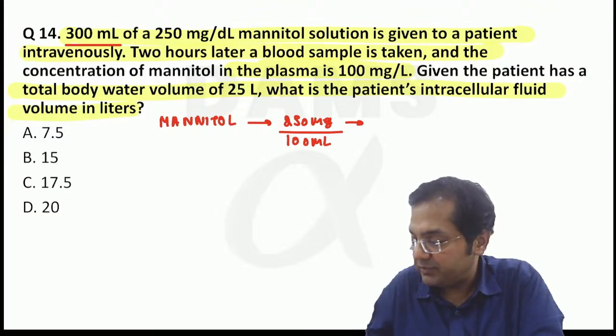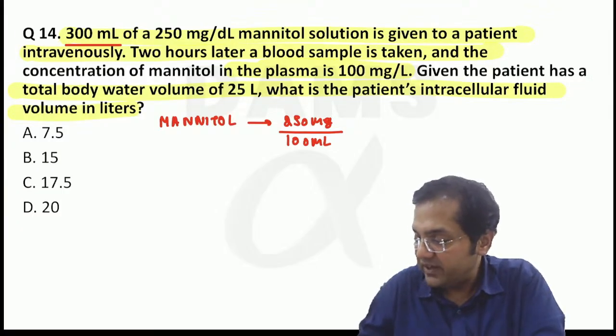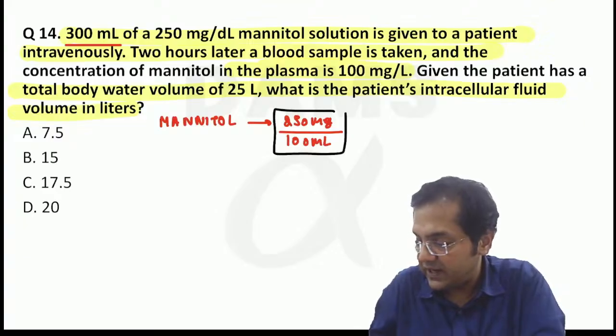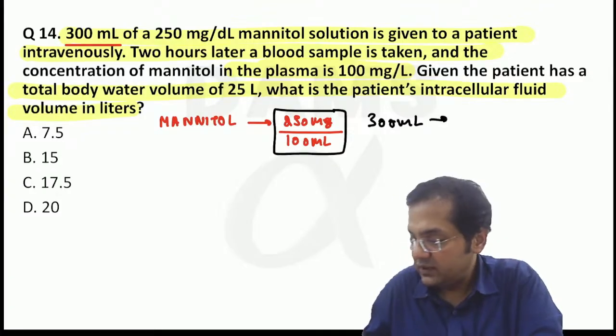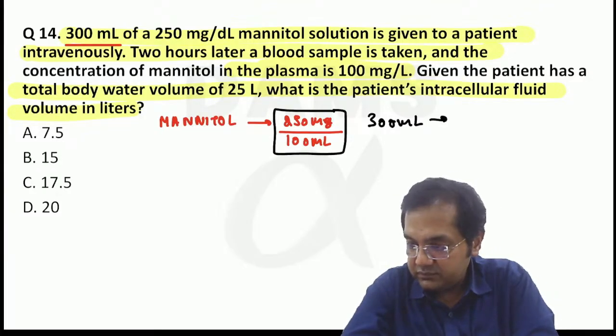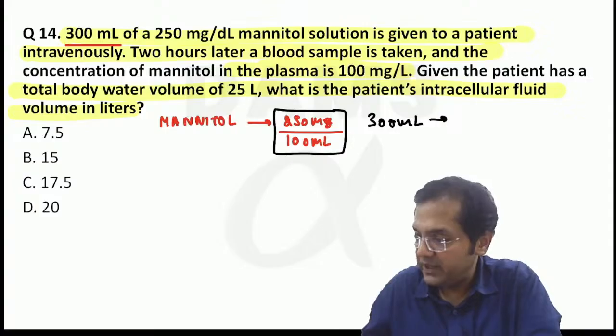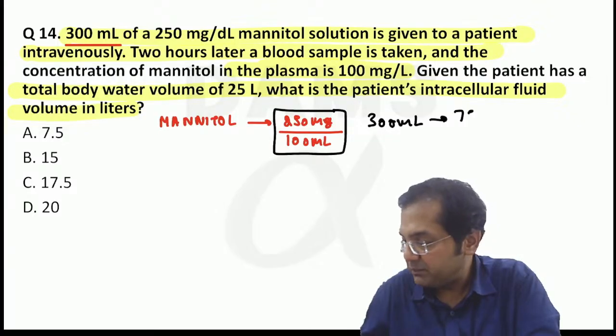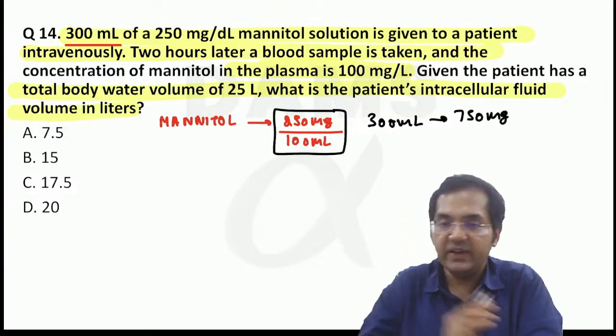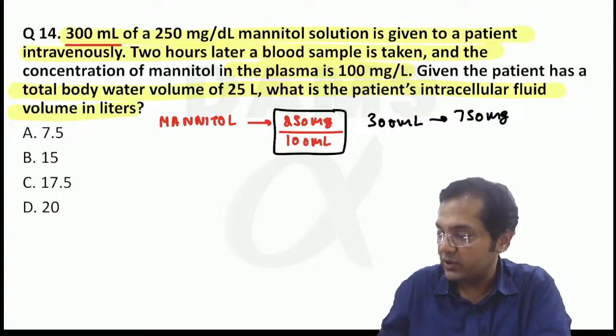If it is present at a concentration of 250 milligram per 100 ml, then in 300 ml it would be, yes, that is the other way I could have done. Very good. 300 ml would be 750 milligram, but I am purposefully doing it the traditional way. 750 milligram is the total amount.